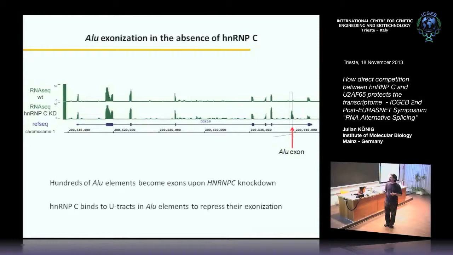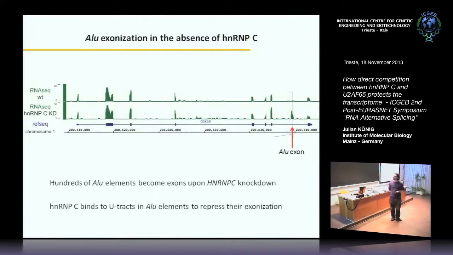So what do we have at this point? We see hundreds of Alu elements coming up as exons in the hnRNPC knockdown. And we know that hnRNPC binds to the uridine tracts within the Alu elements, indicating that binding to these uridine tracts is the reason why these Alu elements are kept silent.